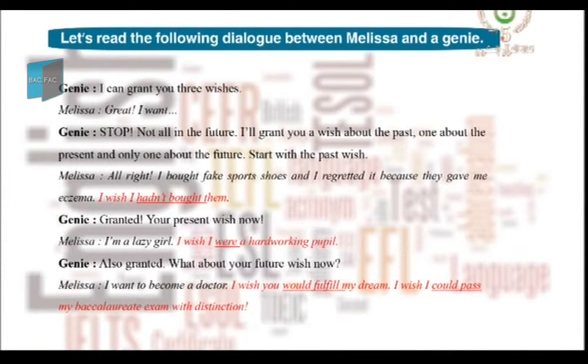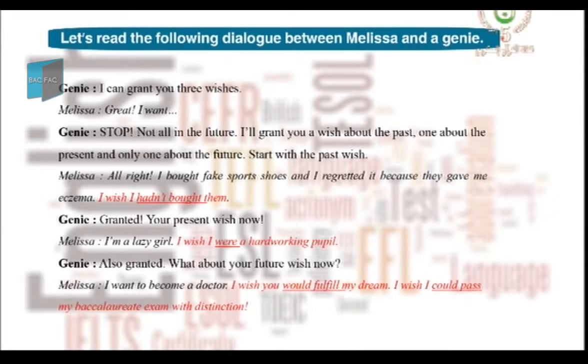I can grant you 3 wishes. Great, I want... Stop! Not all in the future. I'll grant you a wish about the past, one about the present, and only one about the future. Start with the past wish. All right. I bought fake sports shoes, and I regretted it because they gave me an eczema.